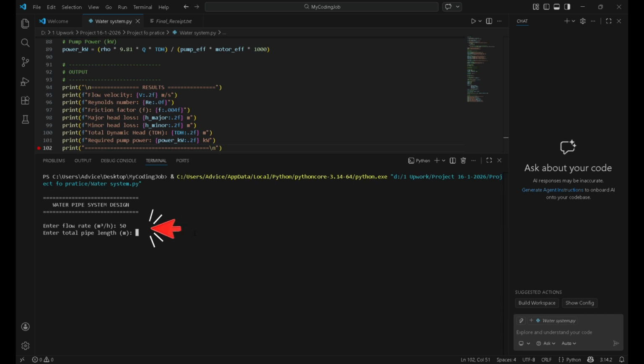2. Pipe length, 120 meters. A total straight pipe length of 120 meters is used for head loss calculations. This represents the actual run of pipe excluding fittings. Longer pipelines increase friction losses and influence the required pump head. 3.